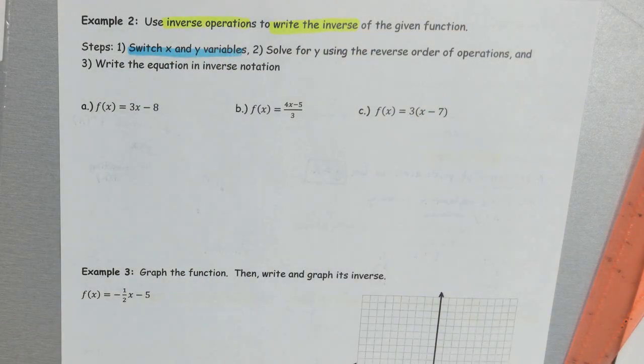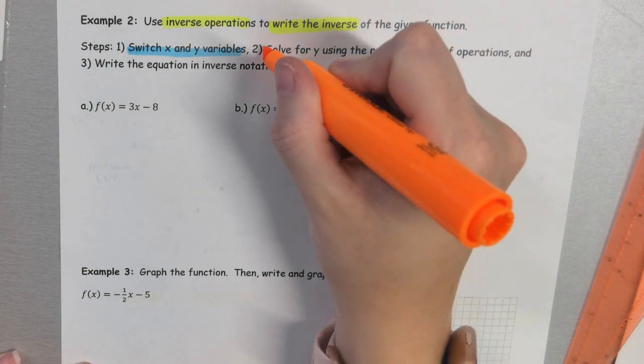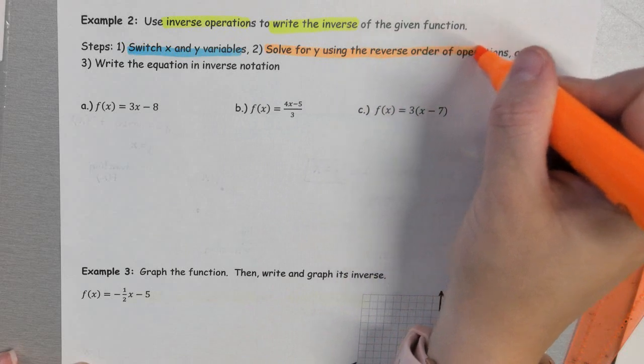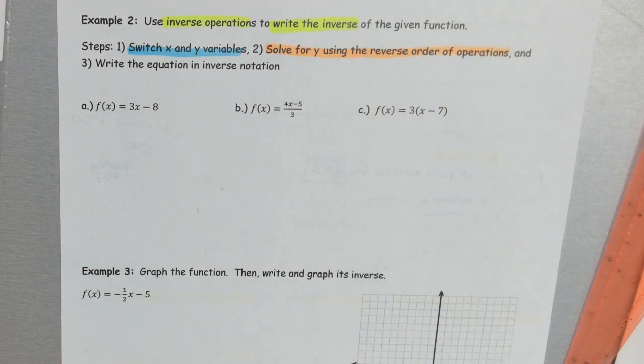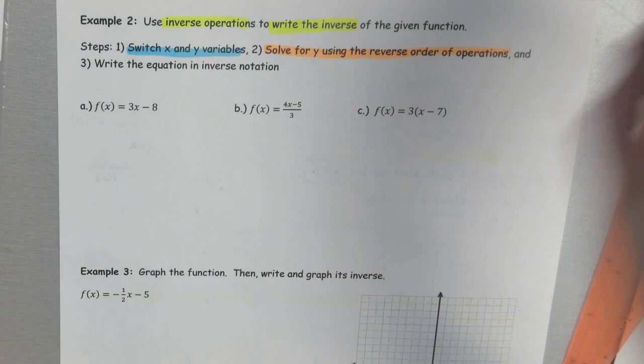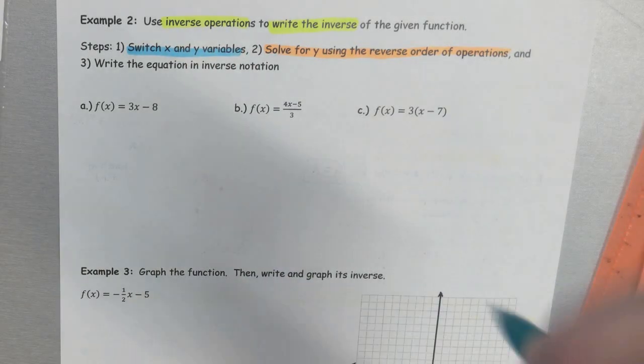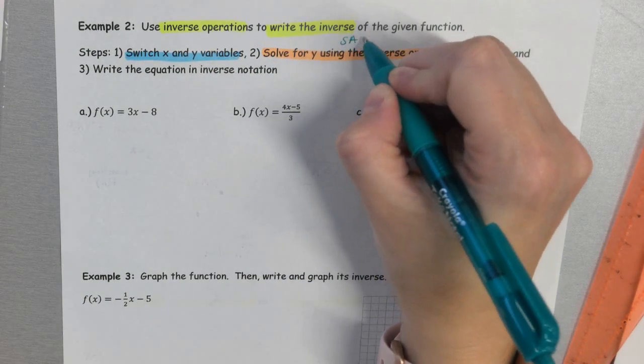Then you are going to solve for y using the reverse order of operations. Do you guys remember what the order of operations is? What's the order of operations? Yeah, PEMDAS. Okay, but do you know what the reverse order is? SADMAP.